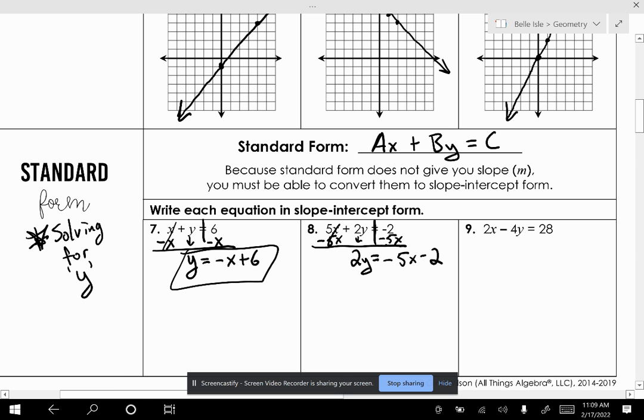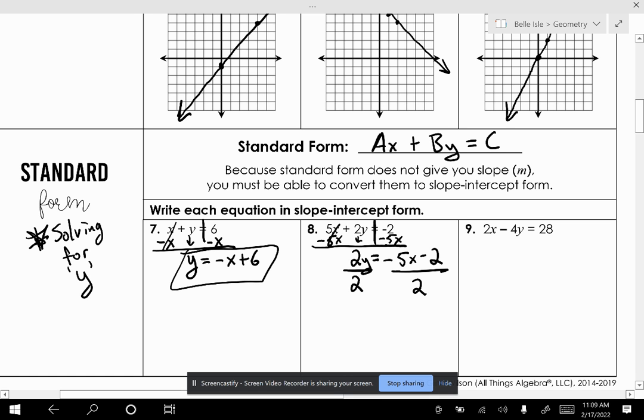So that gives me 2y equals negative 5x minus 2. You're not done, because y is not by itself. Soren, what should we do next? We should divide by 2. Now, you don't do this a lot in algebra. If we were just solving for y, I would be okay with you leaving it like this.